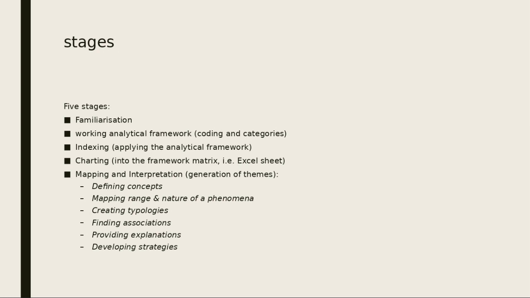I repeat, these are just to make the data a bit more manageable. It doesn't mean that every one of the topics or categories you identify at this stage will be your final analysis of the data. So you move to indexing, which is applying the analytical framework to the whole data set.